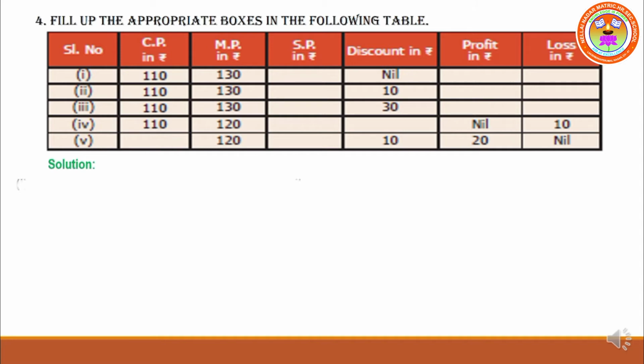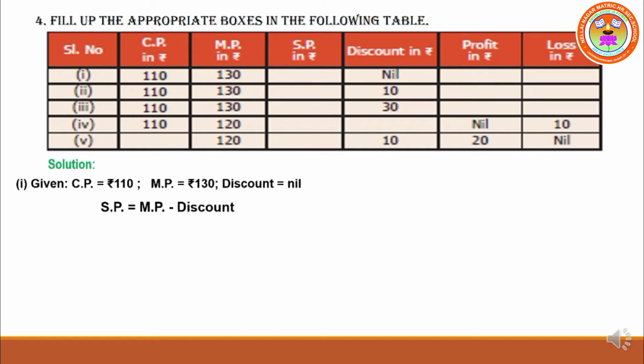Here you are being given the CP as 110, MP as 130, and the discount is given as nil. So nil means there is no discount. In the place of nil you can write 0 also. Here I have to find what is the SP value. So SP is given by MP minus discount.